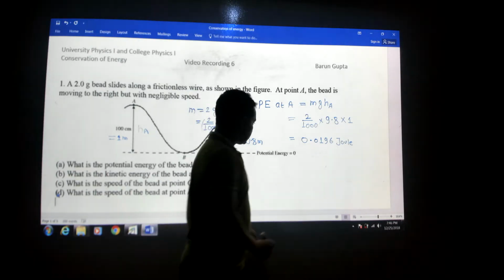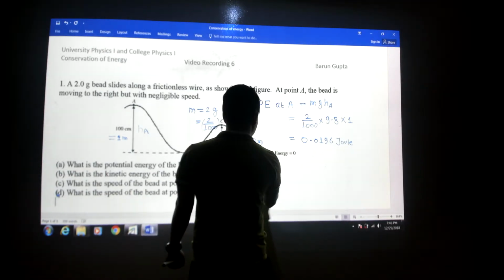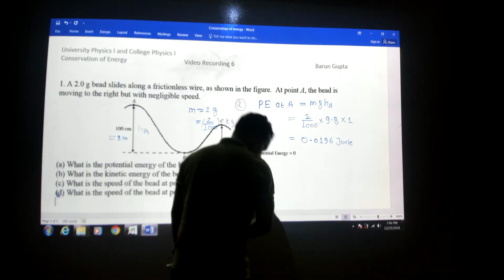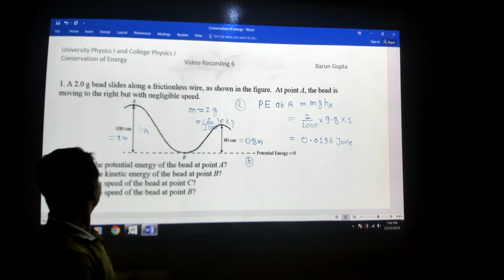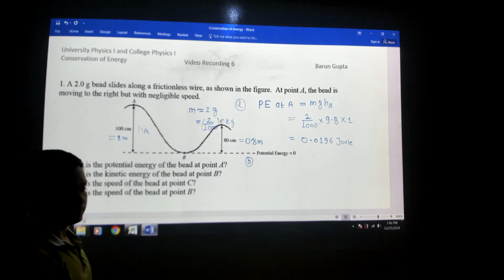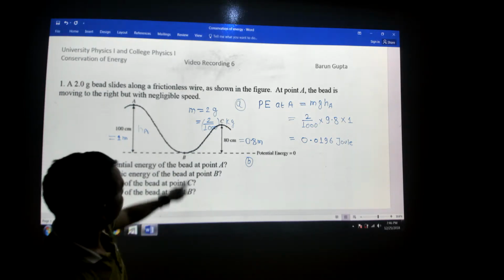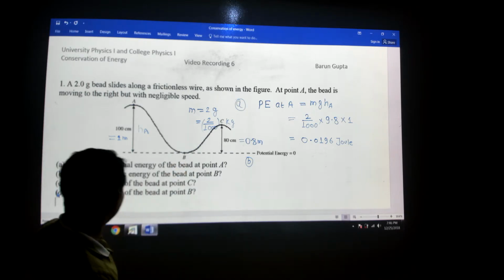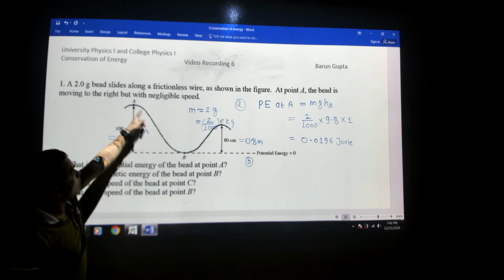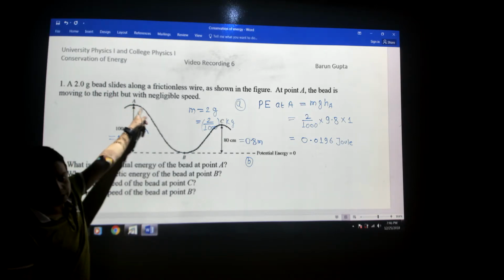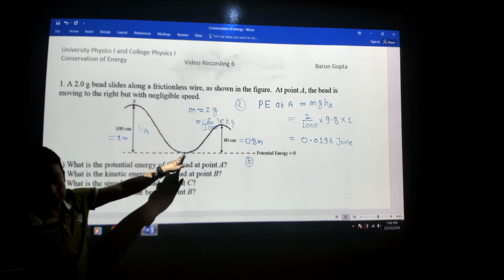And now what is problem number B asking? It is asking what is the kinetic energy of the bead at point B. So remember, once this bead slides down, all the potential energy at this point is converted into the kinetic energy at this point.